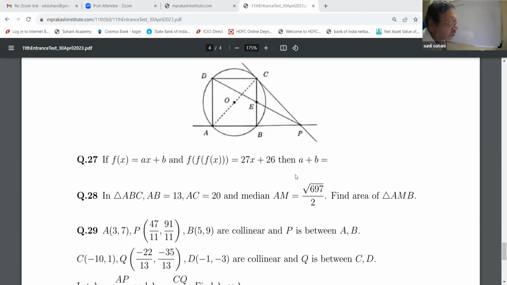And they want function of function x, f of f of f of x, which is 27x plus 26.